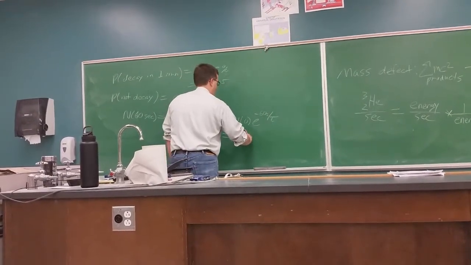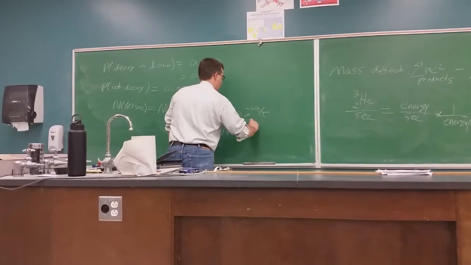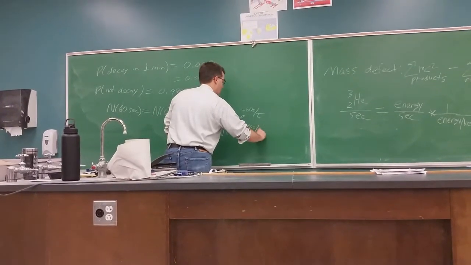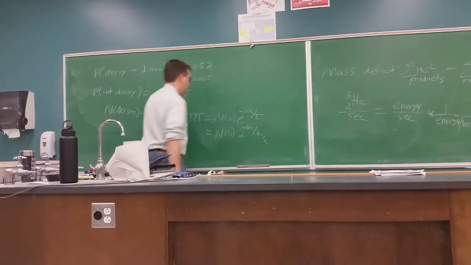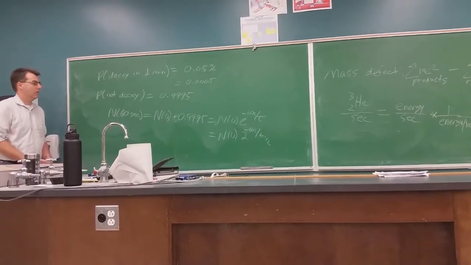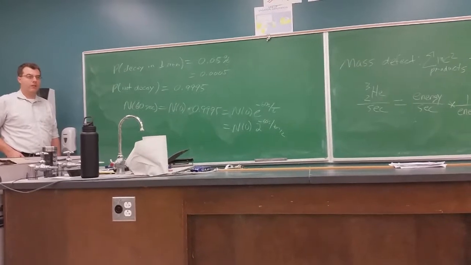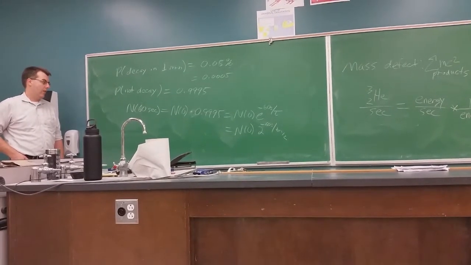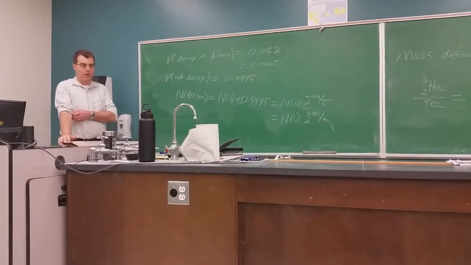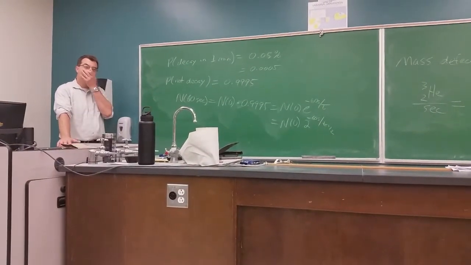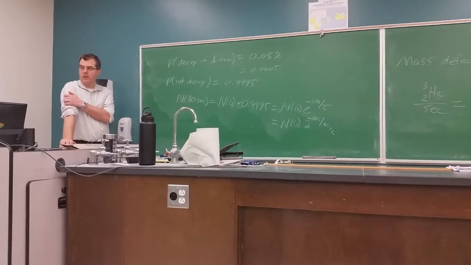It's also equal to N of 0 times 2 to the minus 60 seconds over the half-life. Does that help? So now you have the information needed to solve for either tau or the half-life. Questions?